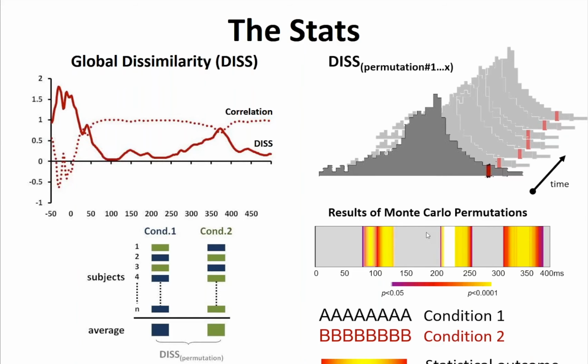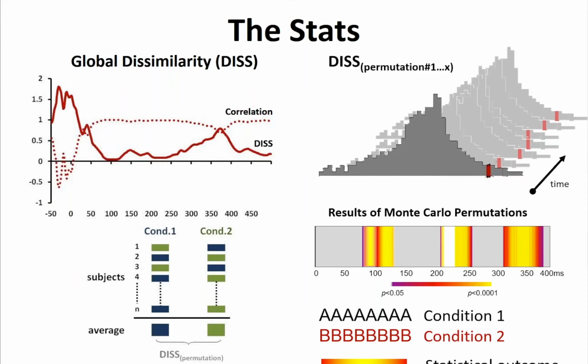Now, what you don't know is why, and you can model that, let's say, by letters. So you have topography A for condition 1, topography B for condition 2, and a nice statistical outcome, and you can just stop right there and say, great, the topographies differ, different networks in the brain are active at whatever latency you're looking at.